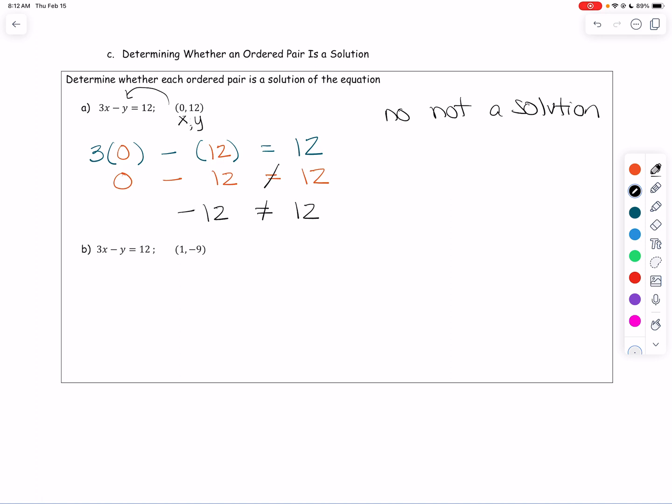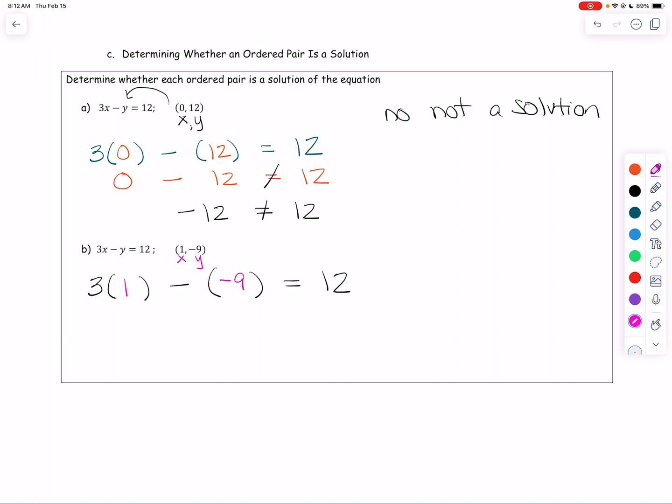All right, then we're going to do another one, same equation, different point. So 3 parentheses for x minus parentheses for y, and we want to say, does that equal 12? So x, and I always label it underneath, x is 1, y is -9.